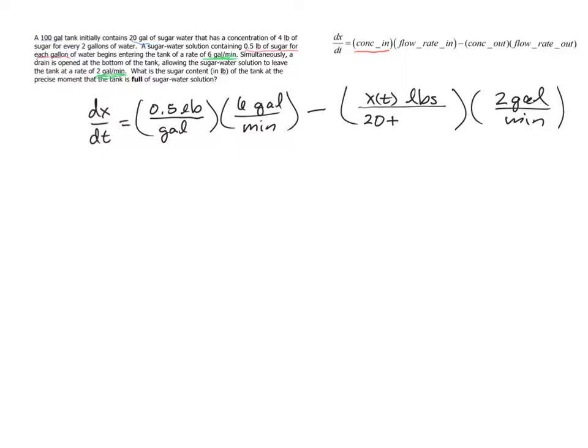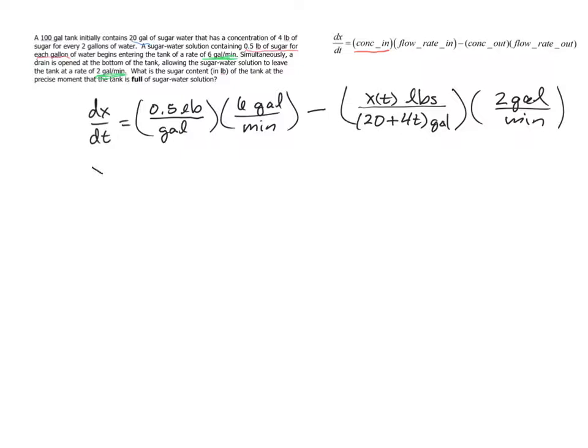But after 1 minute, you pick up 4 gallons. After 2 minutes, you get 8 gallons, and so on. So that's going to be 4 times t. Again, it's just the 6 minus 2, the net change in the rate in versus the rate out. And of course, this is going to be measured in gallons for our denominator. All right, so that is our differential equation.